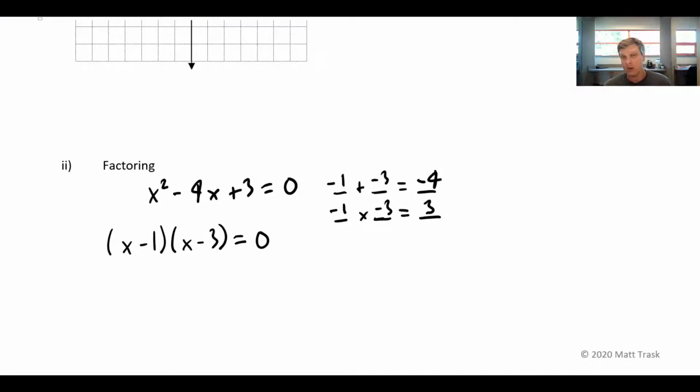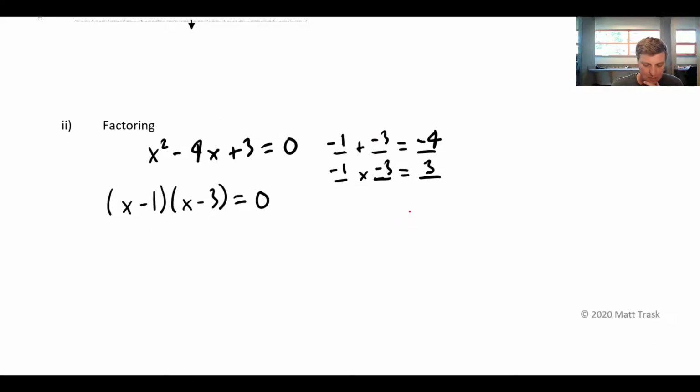Now, hopefully you're already catching on, because it's the same one we solved graphing, that there is a little bit of a pattern starting to emerge here. What I want you to recognize is that for this whole thing to equal 0, there are two possibilities. Either the left bracket equals 0, or the right bracket equals 0.